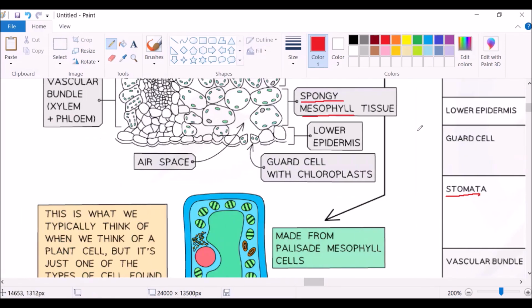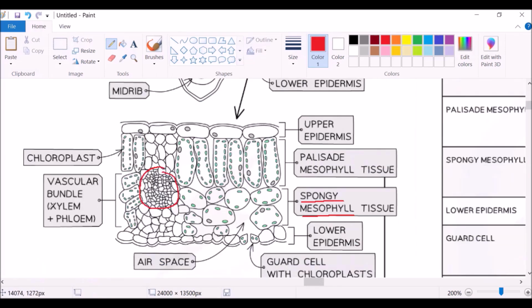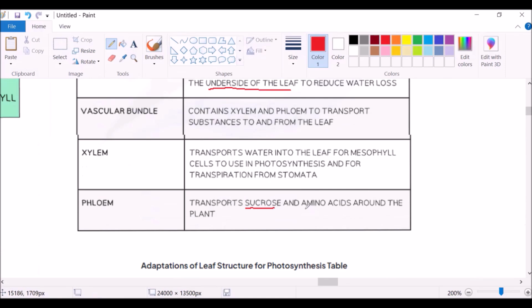Then we have the vascular bundle. This contains the xylem, the top part, and the phloem, the bottom part. The xylem is responsible for bringing water and mineral ions from the roots to the leaf, and the phloem is responsible for carrying sucrose and amino acids around the plant.